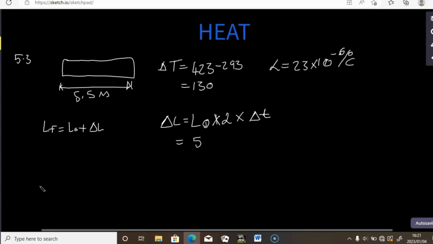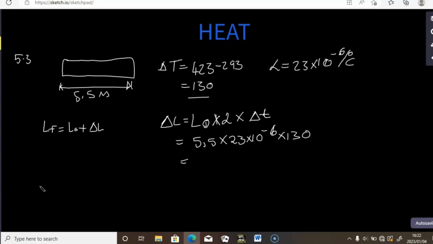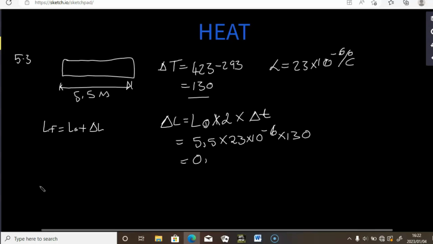Original length is 5.5. Coefficient of linear expansion is 23 times 10 to the power negative 6. And the temperature difference is 130. I got that our change in length is equal to 0.016 meters.